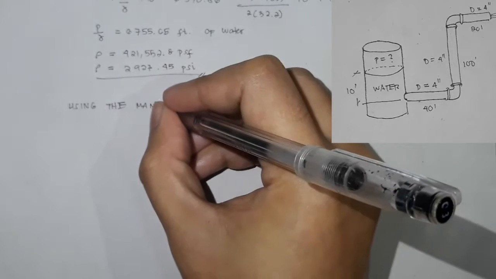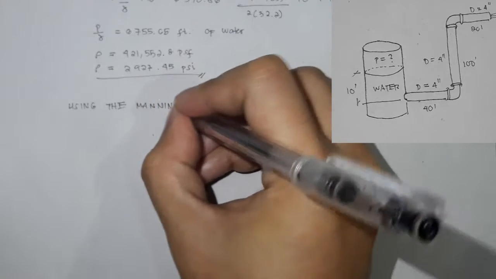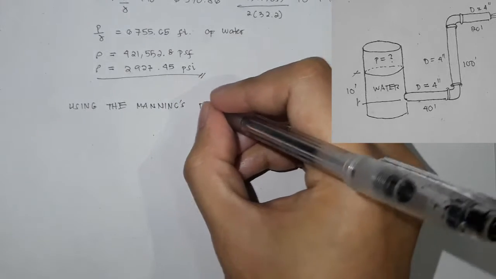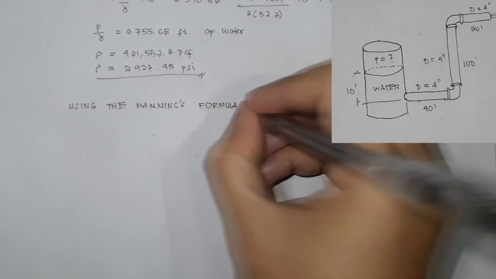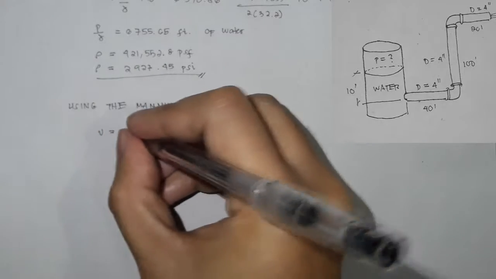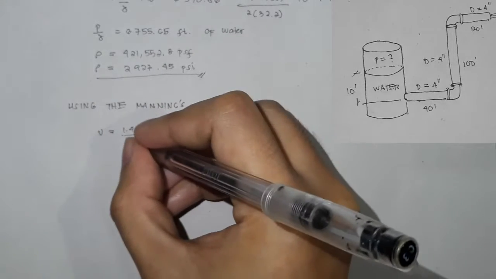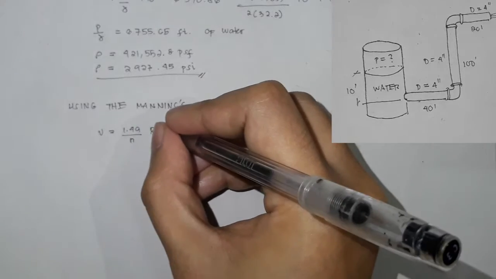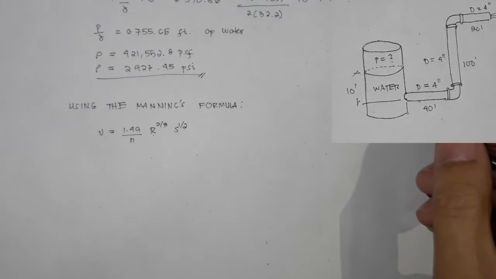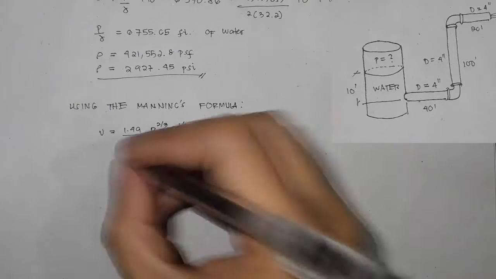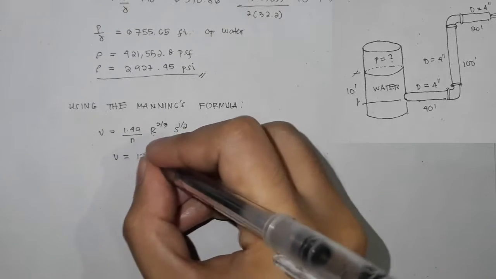There is another way of solving the head loss. This is through using the Manning's formula, where the velocity is equal to 1.49 over the friction factor, multiplied by the hydraulic radius raised to 2/3 and times its slope raised to 1/2.